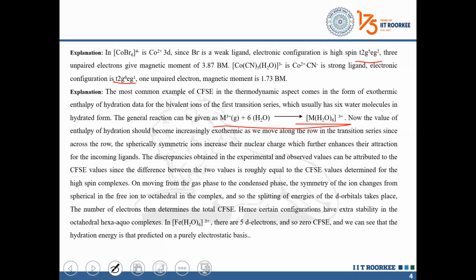Okay, so certain configurations have extra stability in the octahedral hexaaqua complex, just like this, right? So it is a d5 complex basically, right? And there are 5 d electrons, and so zero crystal field stabilization energy. And we can see that the hydration energy is that predicted on a purely electrostatic basis.